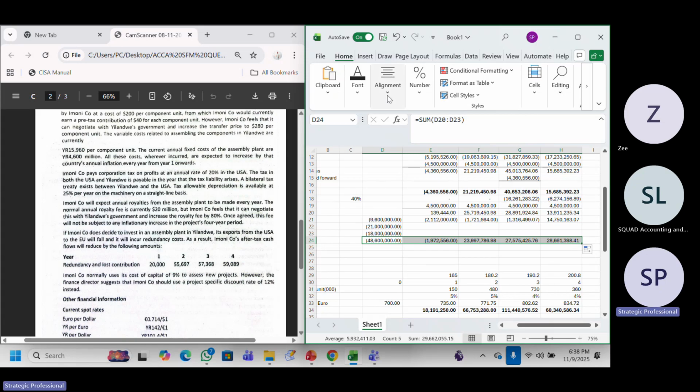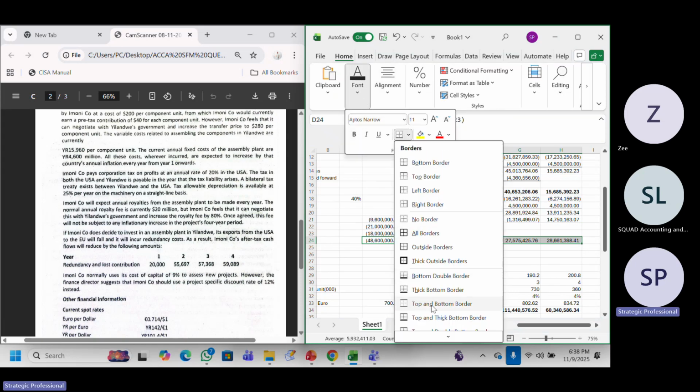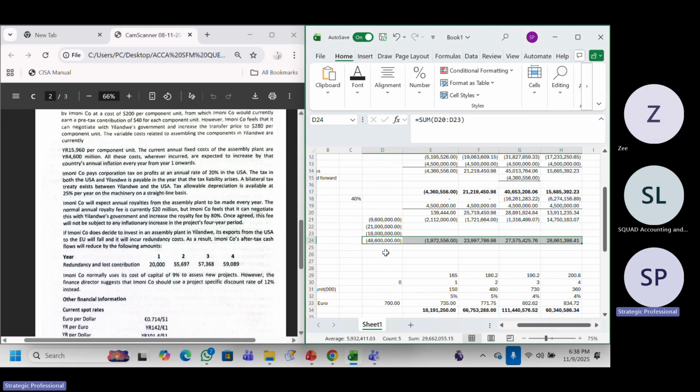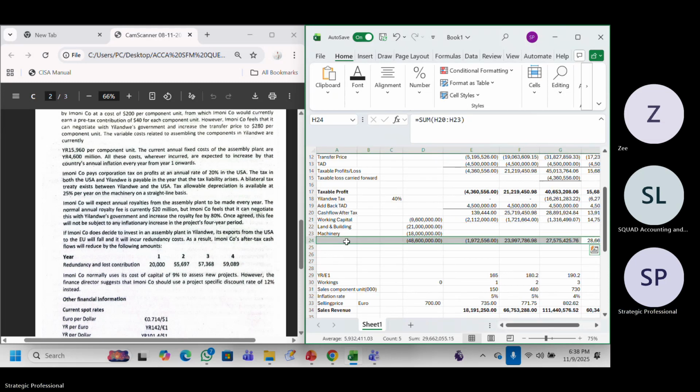So I can use this double and bottom. I can even bold it if I want to, because that's the cash flow. Don't forget that this cash flow is in this guy.